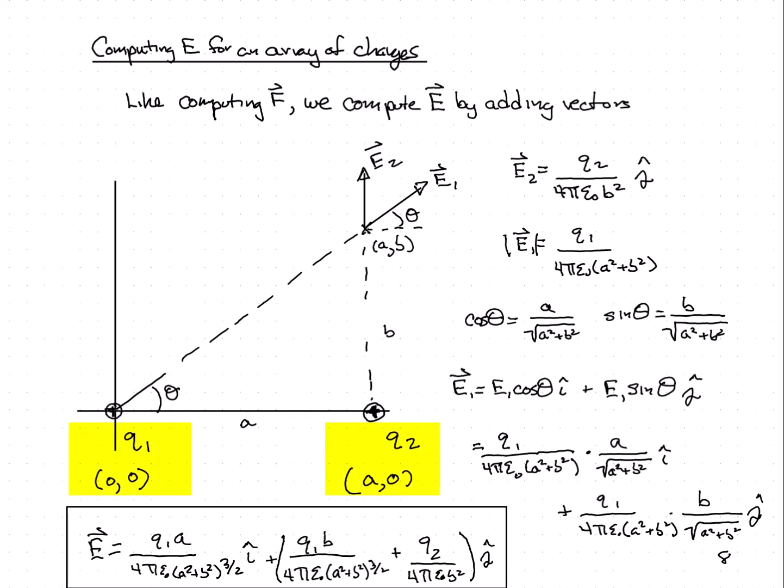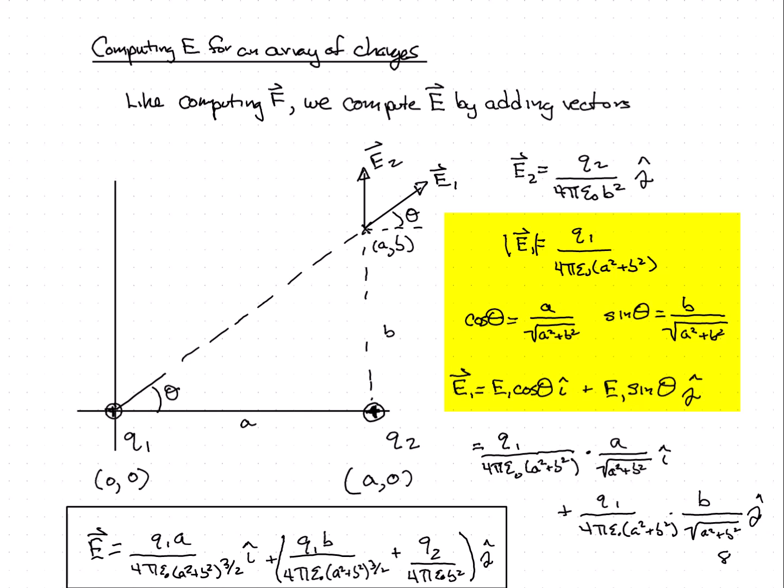Now, you can do it for more than one charge, Q1 and Q2 at these locations. So let's say you want to calculate the field at that point right there, A, B. Well, there's a field due to 2 and a field due to 1. So we can write them out separately. So that E2 is Q2 over 4 pi epsilon naught B squared j. It's upward in the j direction. And then E1 has an angle theta associated with it.